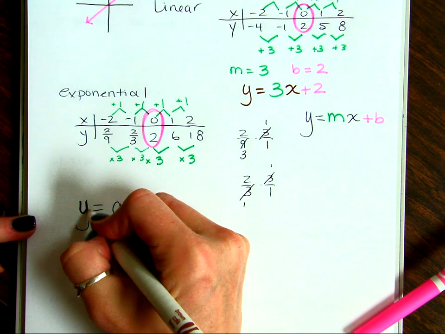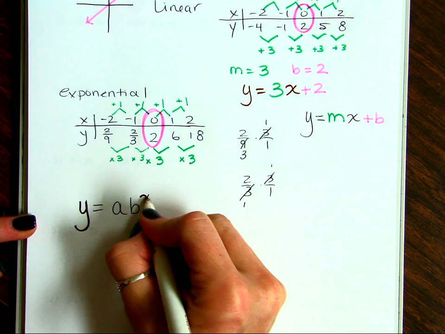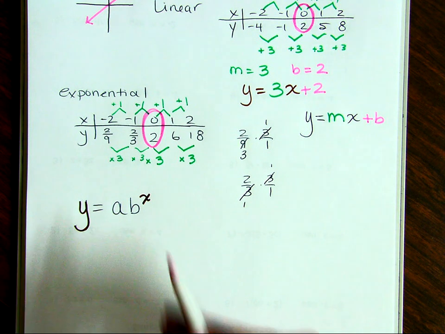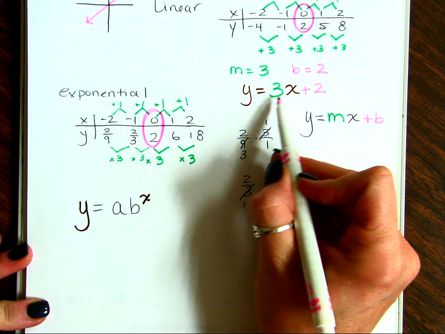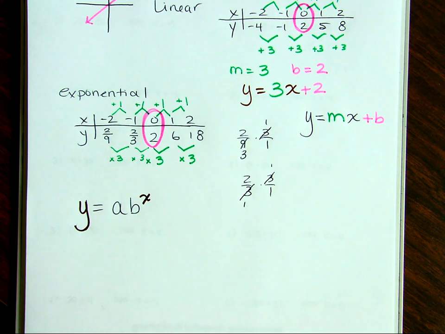This y is going to stay, and this x is going to stay. It's the a times the b that it's going to do right here. Here's the tricky part about this. This 3 was the green one up here, and it belonged with the x. This green 3 also belongs with the x. So I want you to look at this.